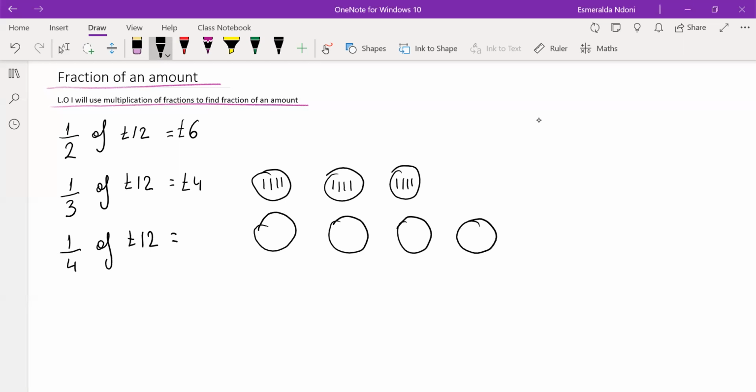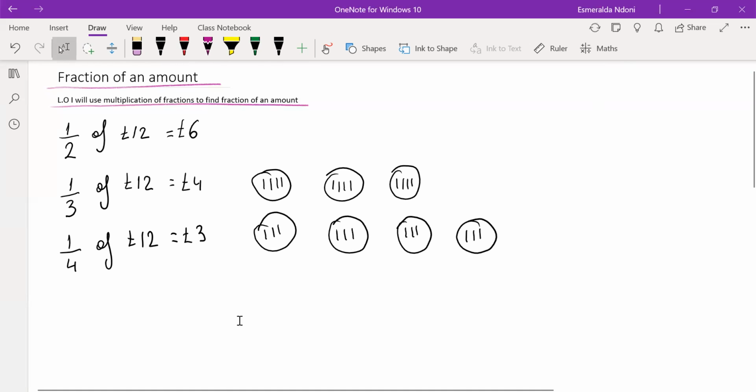Let's count £12 and share it. 1, 2, 3, 4, 5, 6, 7, 8, 9, 10, 11, 12. And I've finished. So each one of these baskets I'm sharing gets 3 lines. So that means that a quarter of 12 is 3.